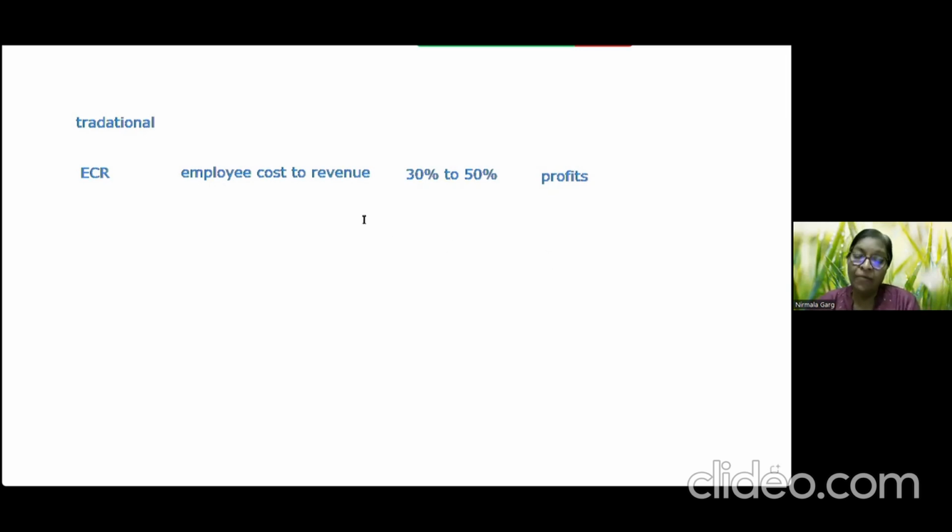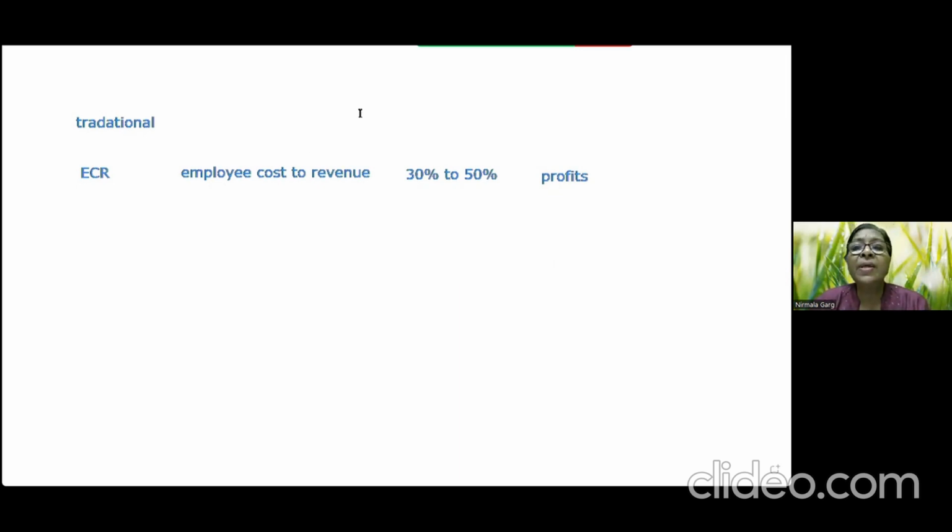Now, when you're doing an ECR and if you're a startup, what will you do? If you're a startup, you can always benchmark with your competitors and see typically what their wage cost is, and from there you can take a look at the ratios, and if it is not available, you can go to the annual reports and find out.